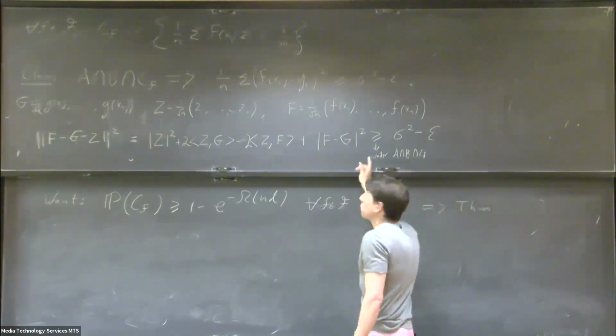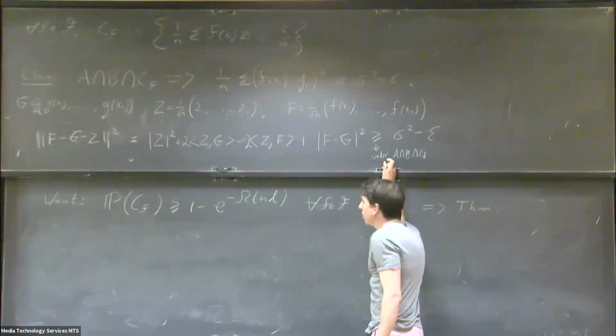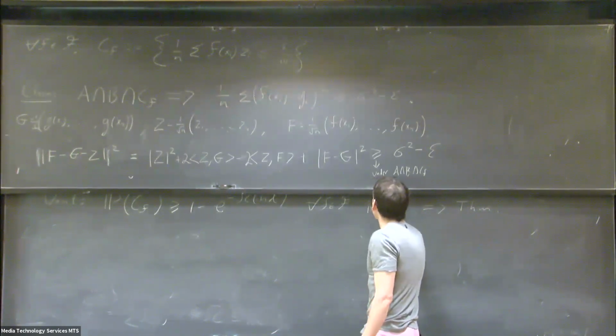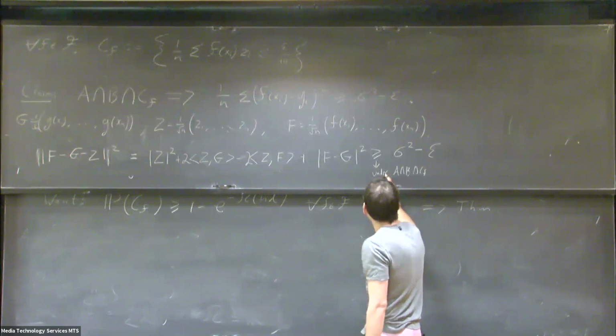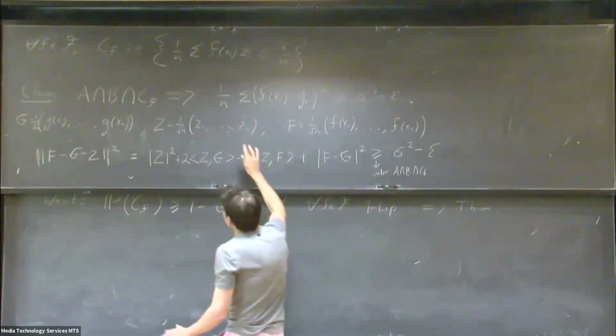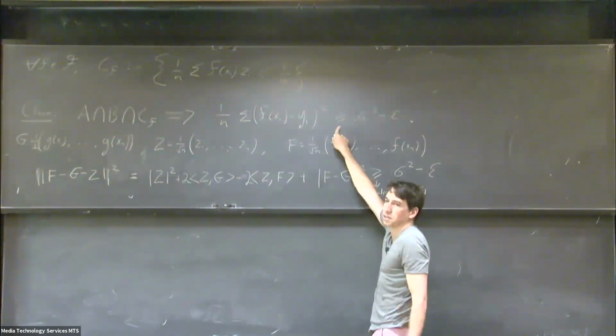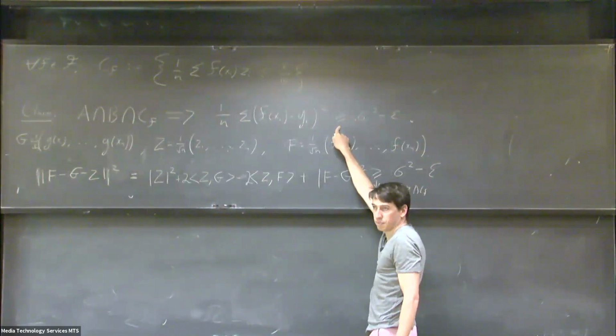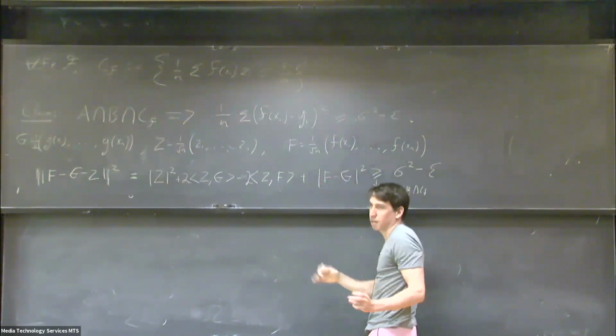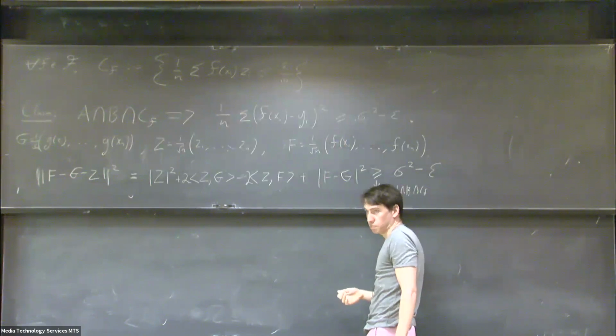So what we want to say in the end is that there does not exist a Lipschitz function such that the reverse inequality here holds, such that it's correlated with the noise.